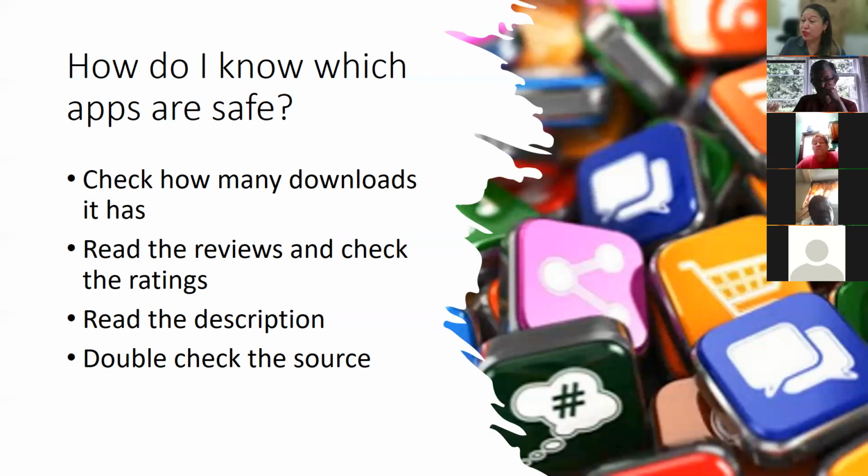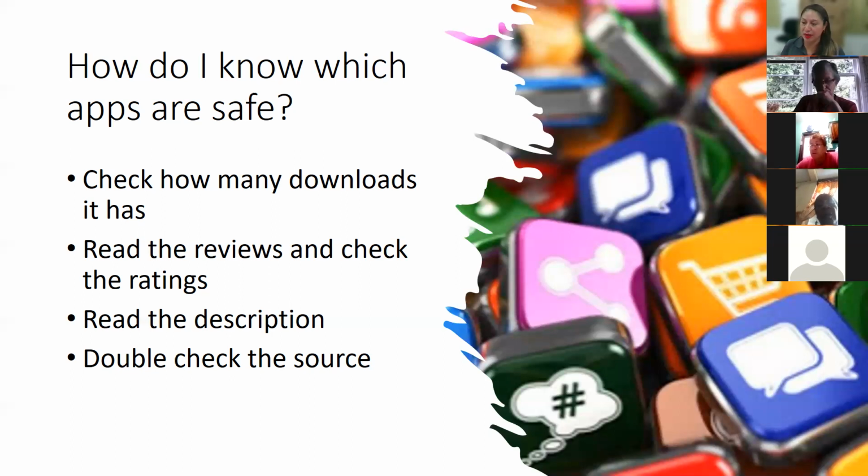So first of all, we want to check how many downloads that application has had. Okay, and all of this information, all of this checklist, you can go through it and follow through it once you select the application that you want to download. Before you tap on install, there is a lot of information in that application that can give you the answers to these questions, right?